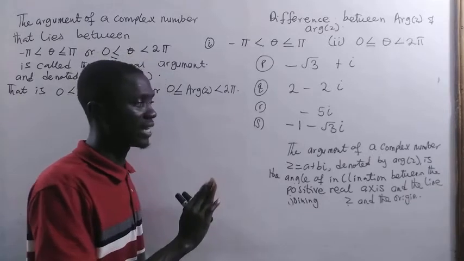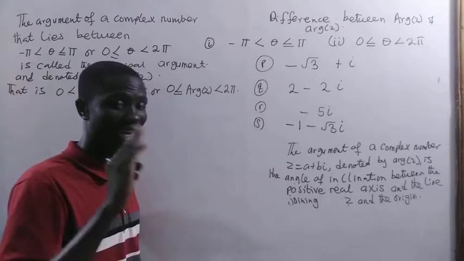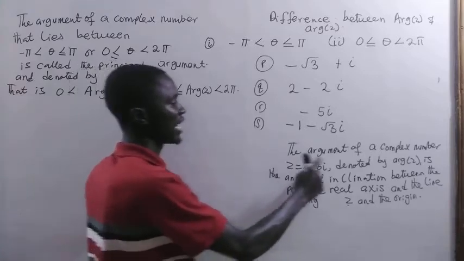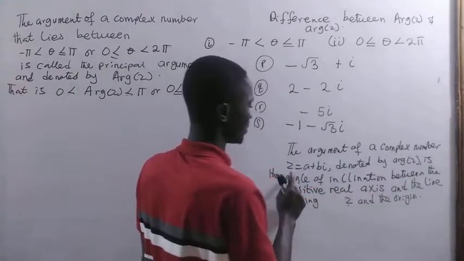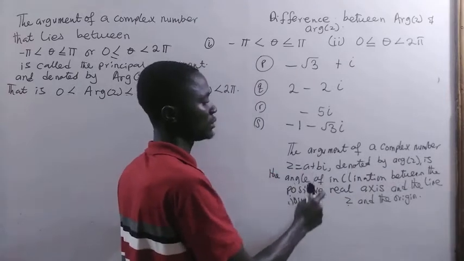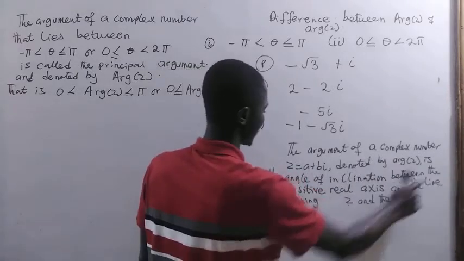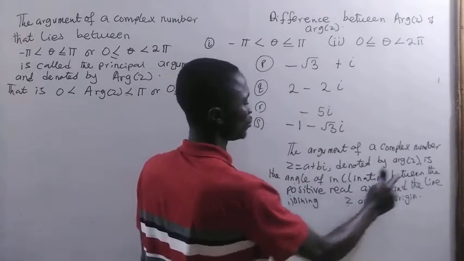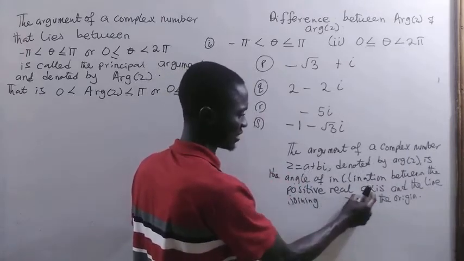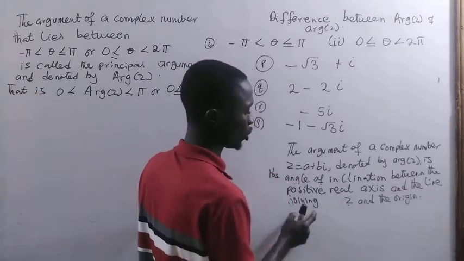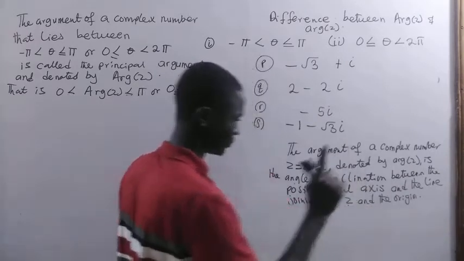Now, let's define in general the argument of a complex number. The argument of a complex number z equal to a plus b i, denoted by arg z, is the angle of inclination between the positive real axis and the line joining z and the origin.